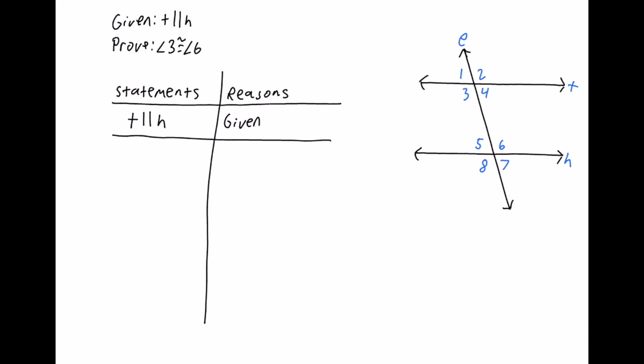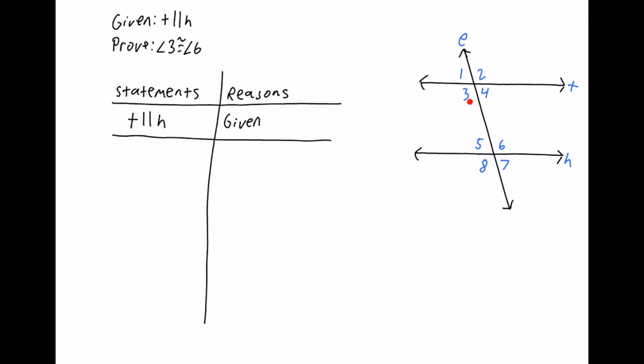Looking here, let's use one of the angles we have so far. Let's use angle 3. And what's something that the other one is close to? Well, let's look at angle 8.